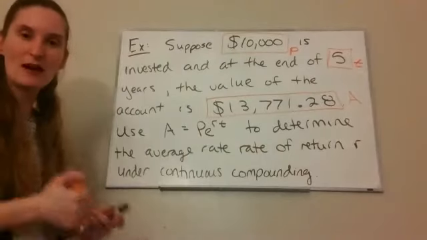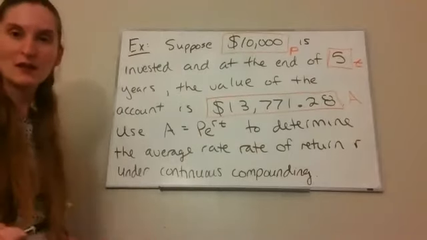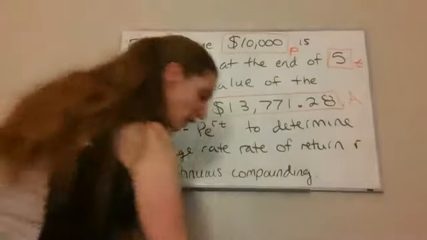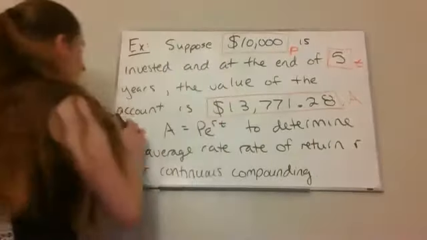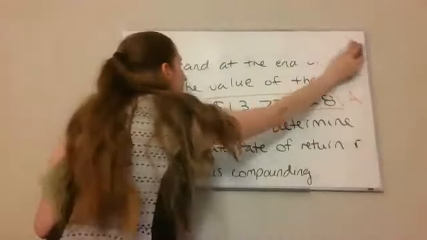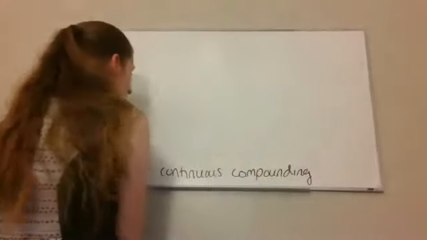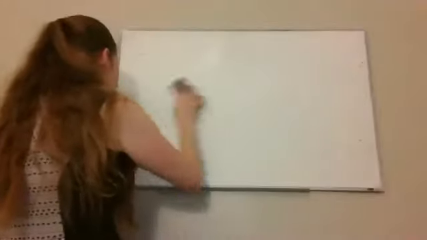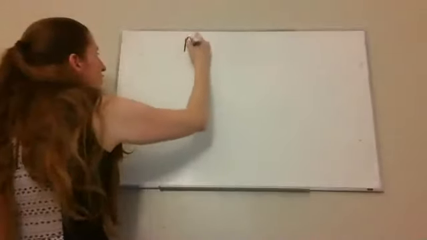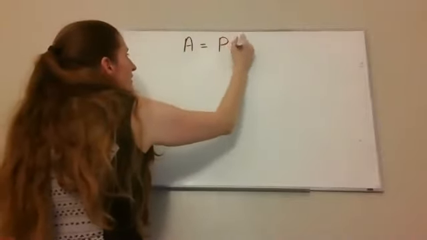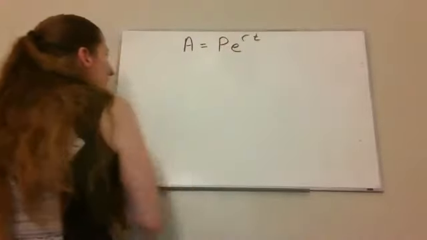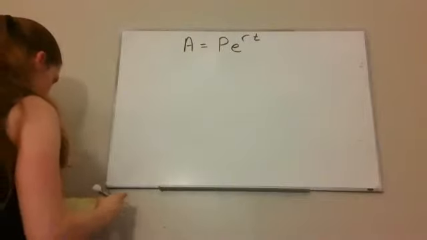So now that I know where everything goes, we just put everything in the right places, and then we have to solve for the rate r. So let's get it set up. I'm going to rewrite the equation without the stuff plugged in. But now I'm going to put the stuff where it's supposed to go.